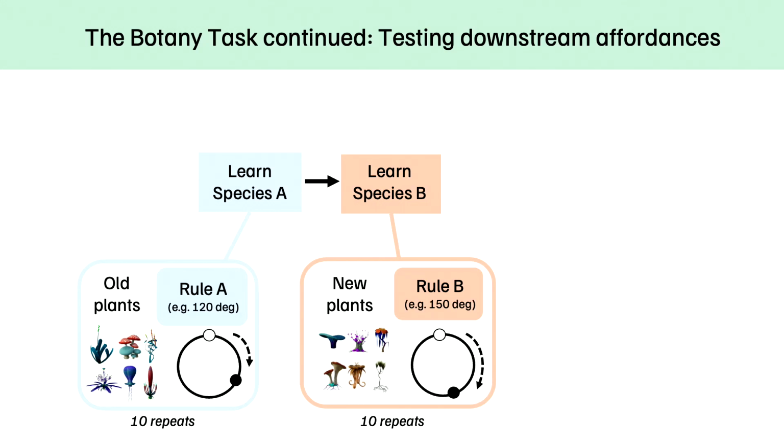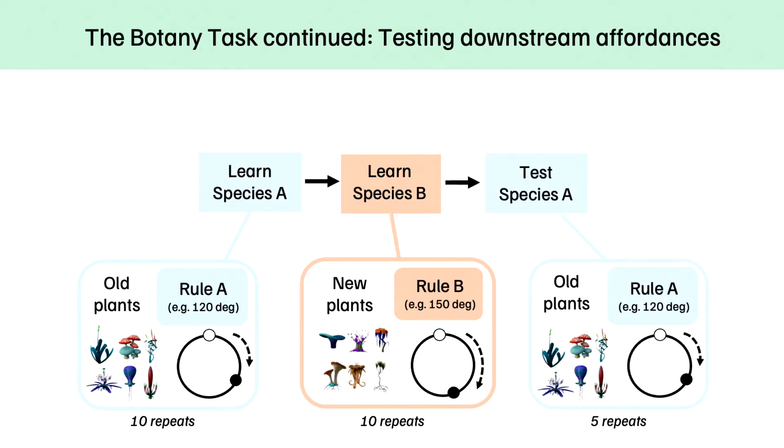So this is the second part. And then finally, at the very end, we asked people to go back to those very first stimuli and do the task again. We were interested in whether learning that intermediate task was going to interfere with their memory of the first task, of that first set of plants.